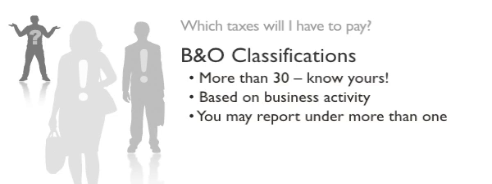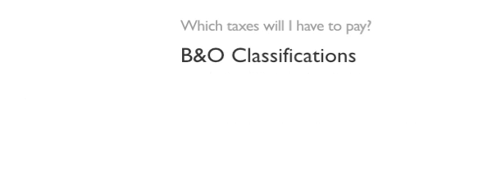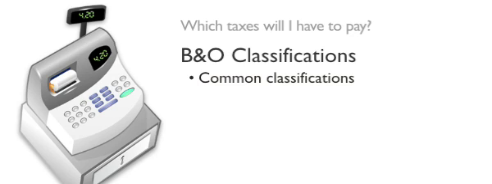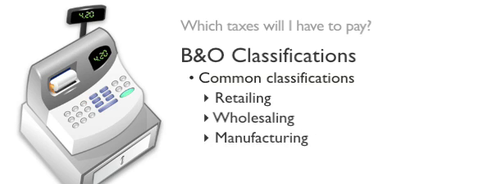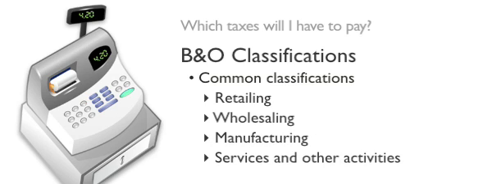You'll need to find out which classification or classifications you must report under. It can be more than one. But don't worry, most of the 30 won't apply to you. The most common classifications are retailing, wholesaling, manufacturing, and service and other activities. For a complete list of classifications, look for the link at the end of this presentation.